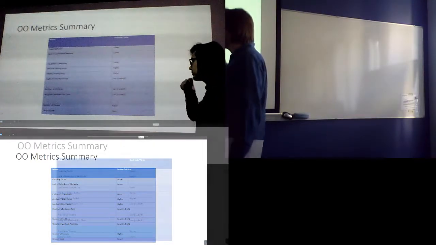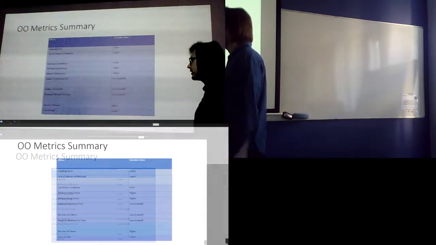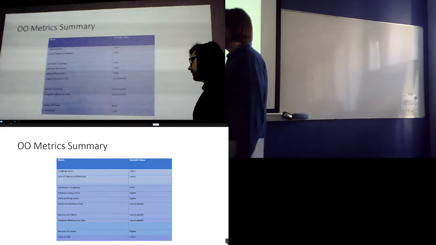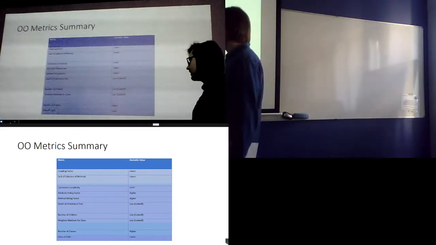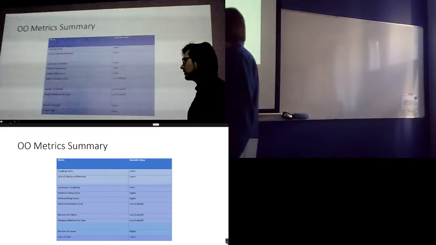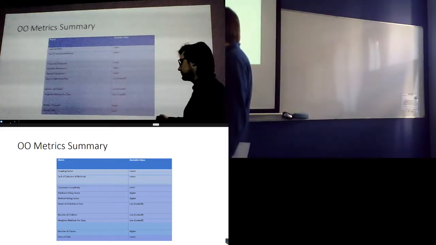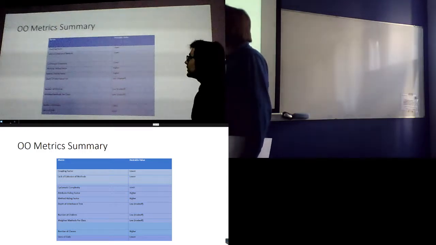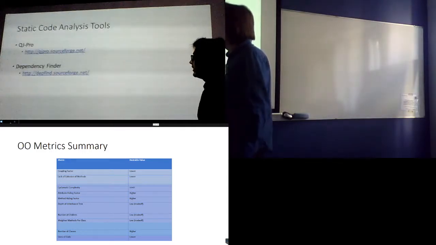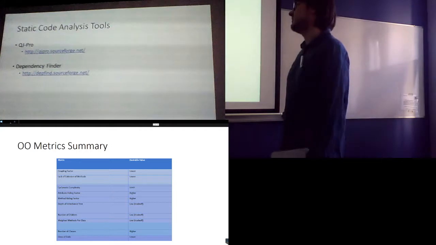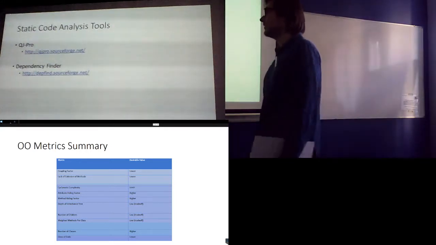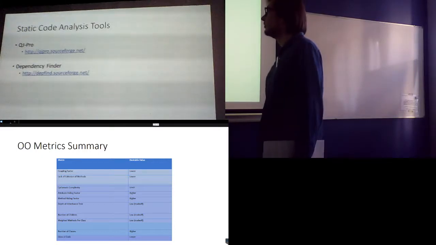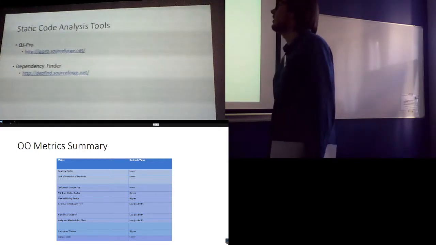Depth of inheritance: you want as little inheritance as you can have, and the lowest number of children, the lowest number of methods in a class, and probably a high number of classes and a low number of lines of code. You've got static code analysis tools where you can upload your code or download the tool, and it will find you some OO metrics.